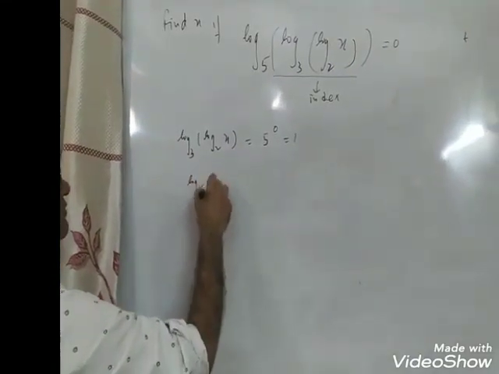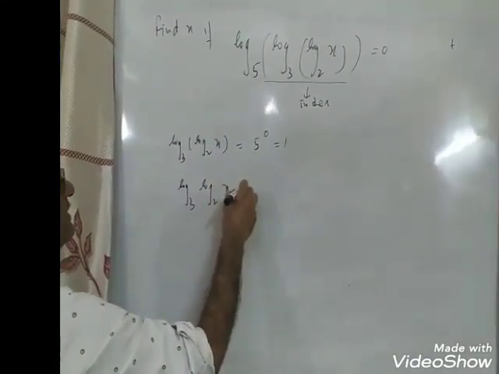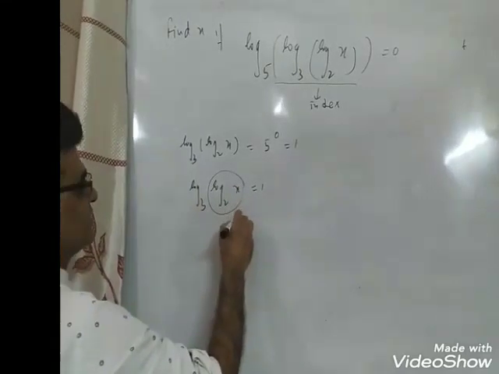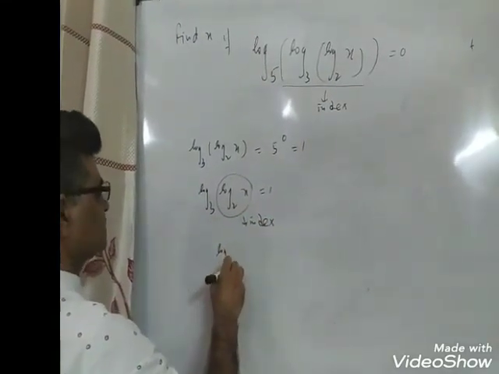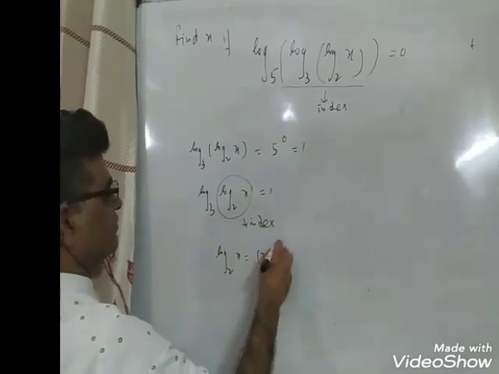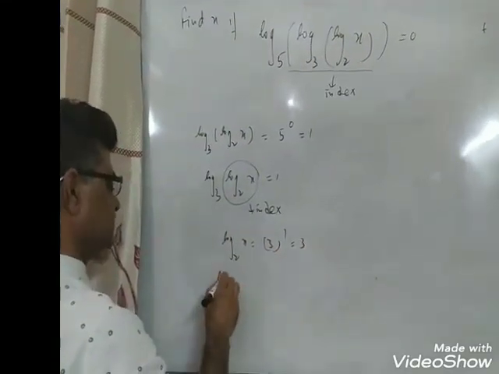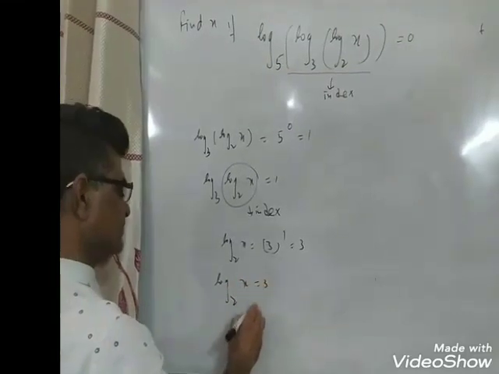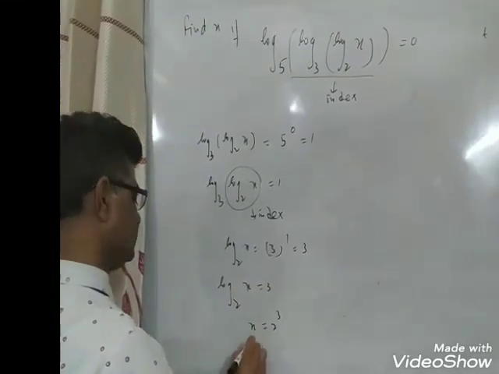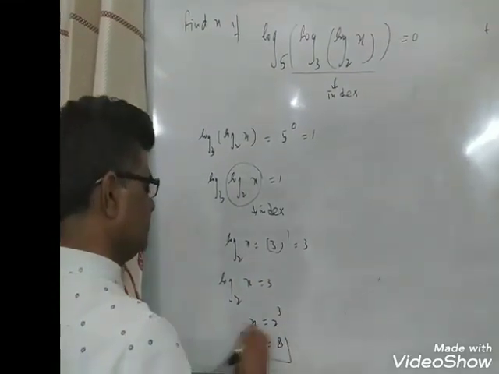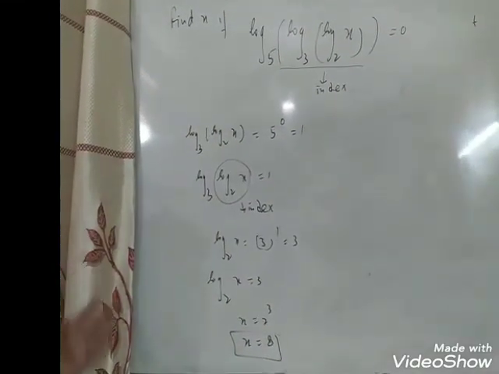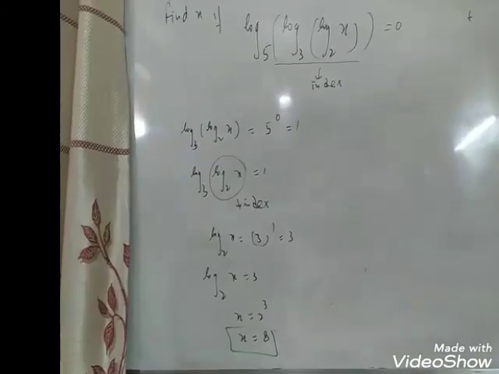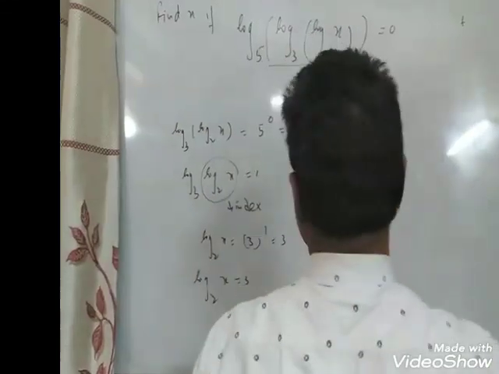Similarly, you can see that this is going to be the index. So log base 2 of x equals 3 to the power 1, which is equal to 3. So again log base 2 of x equals 3. So x equals 2 to the power 3. So x is equal to 8. So you can see the flow, how the equation moves. Right?